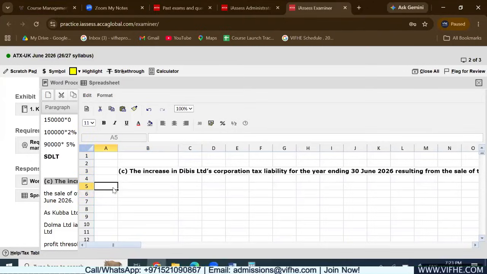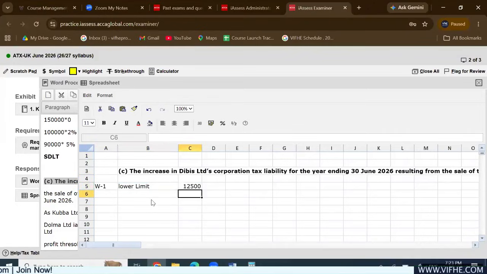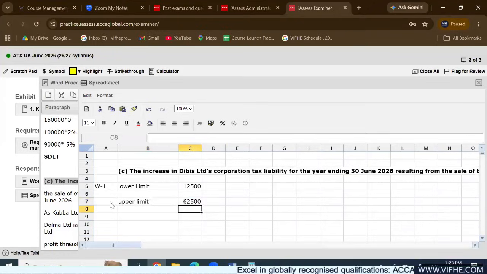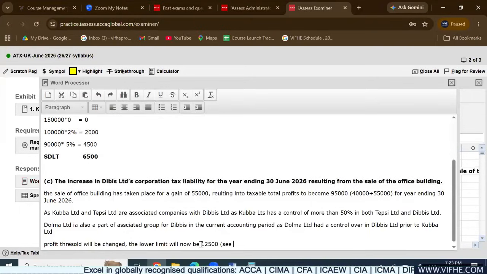This is working one. So what about the lower limit? It's 50,000, but having 4 companies in the associated group, it is now going to be changed to 12,500. And what about the upper limit? It's normally 250,000 pounds, but having 4 associated group members, it is going to be changed to 62,500.